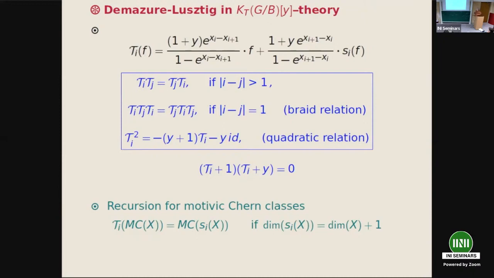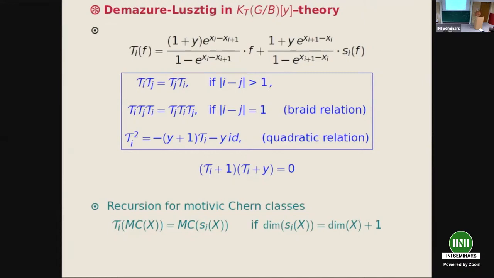If you have a motivic Chern class, whatever it is, and its operation enlarges the orbit, then this formula is satisfied. And if you don't know what motivic Chern classes are, you can define them this way: suppose you know the starting point, and you have the braid relation. So you have motivic Chern classes for Schubert varieties, or also for these Lusztig patterns.